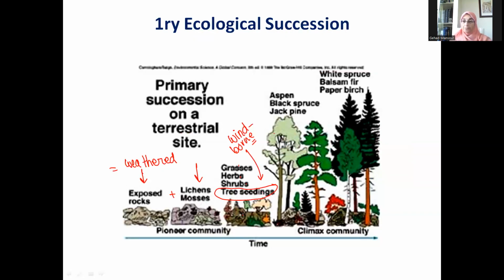But now, at the beginning of the primary ecological succession, if those seedlings had come, they wouldn't have been accepted by the soil. They wouldn't have been supported by the soil because the soil wasn't yet that rich.